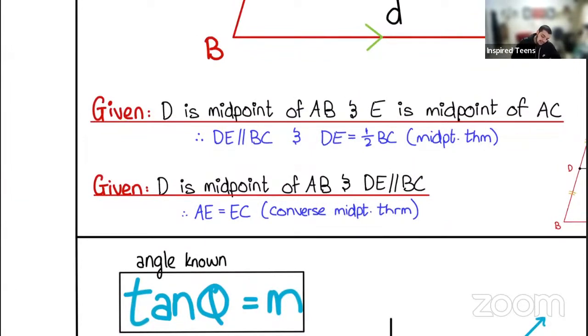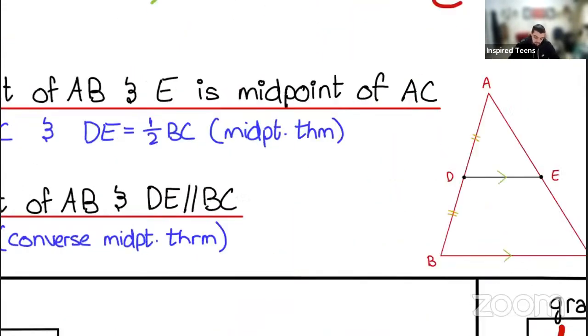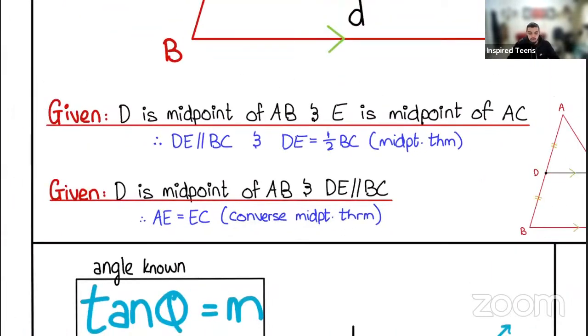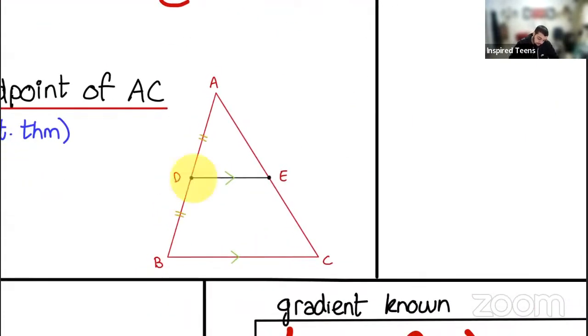That's basically it, right? So if D is the midpoint of AB and DE is parallel to BC, then you can conclude that AE is equal to EC. Therefore, E is also the midpoint of AC, and your reason for that would be the converse midpoint theorem. You'd use the converse midpoint theorem if both midpoints are not given. So if one midpoint is given and the parallel lines are given, you could say that the line DE joins at E, and E is definitely then the midpoint of AC.